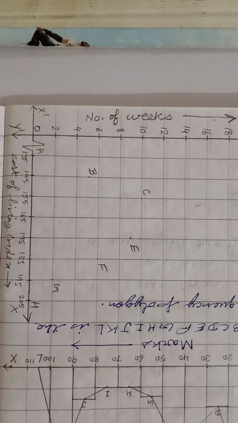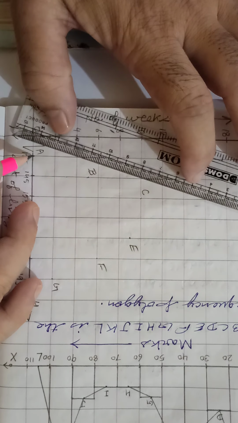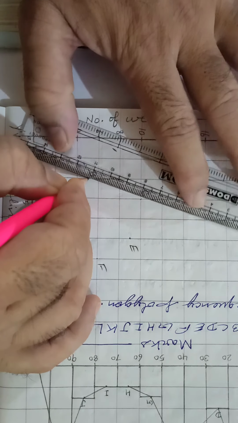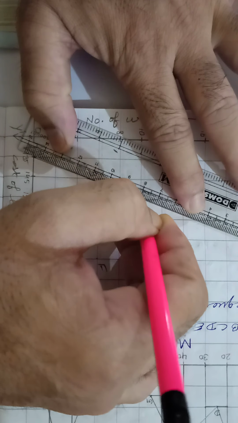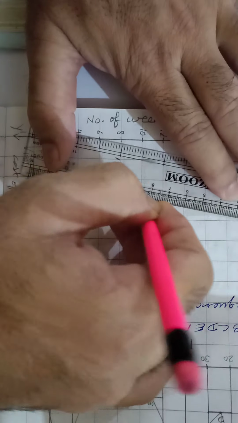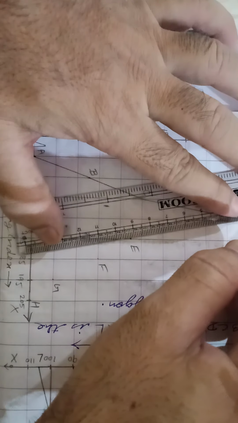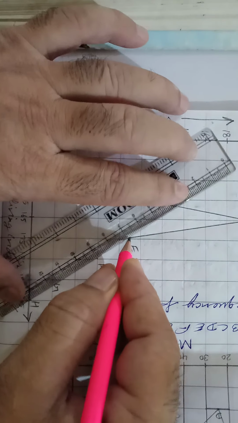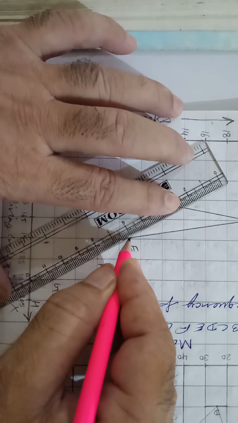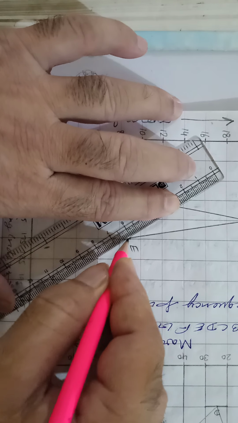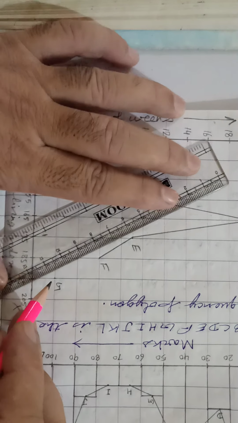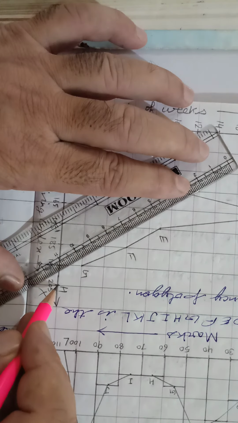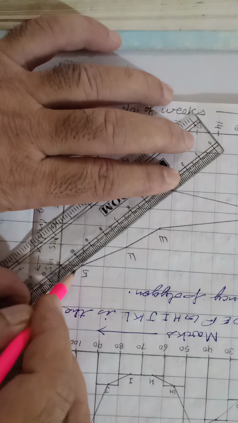Now we draw the polygon. Join AB, BC, CD, DE, EF, FG, GH.